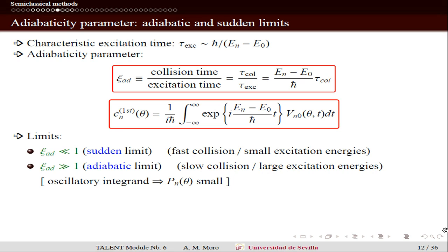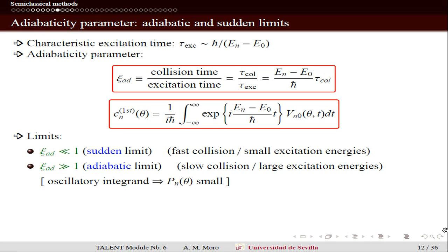If we have a very low energy reaction, then it will be a gentle process in which they get closer and closer, and so the collision time will be large. We will give a more definite expression for this, but so far it will be enough to define it in this intuitive way. Replacing here our definition for the excitation time, we get this expression.